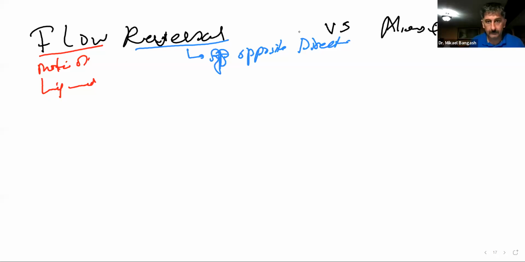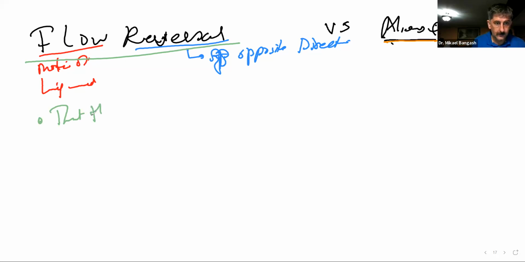Okay, so in both instances, whether it was flow reversal or whether it is aliasing, what we mainly see within a blood vessel is this. What is it that we see in flow reversal?